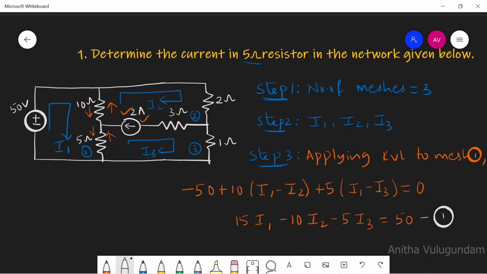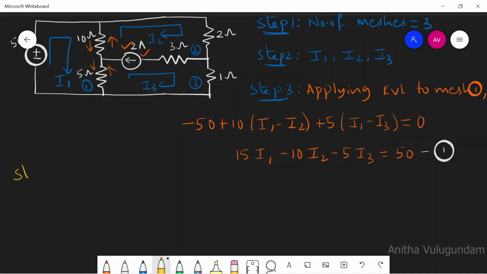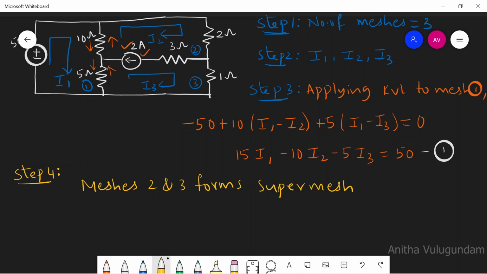Step 4. Current source is present between meshes 2 and 3. Therefore, meshes 2 and 3 form a super mesh. I can redraw the figure like this.